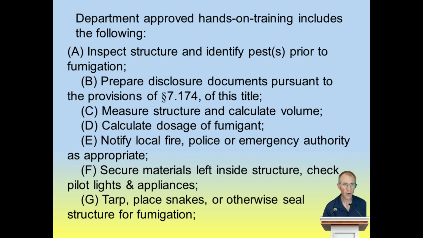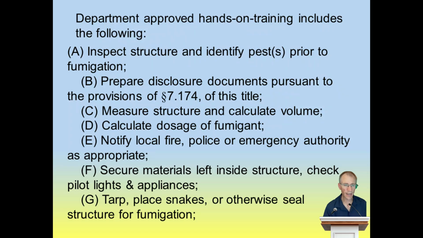Department-approved hands-on training includes the following. A. Inspect structure and identify pests prior to fumigation. B. Prepare disclosure documents pursuant to the provisions of 7.174 of this title. C. Measure structure and calculate volume.